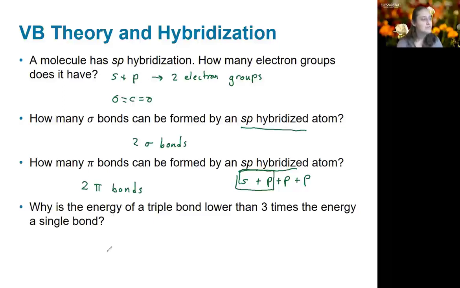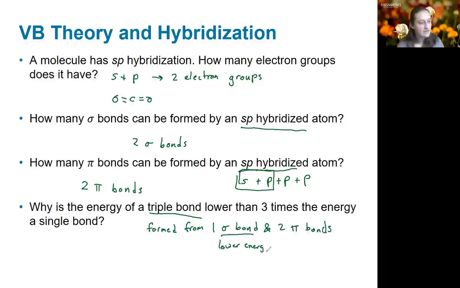And this last question's a little bit different. It asks us to think about the energy of a triple bond and think about why that is lower than 3 times the energy of a single bond. So a triple bond is actually formed from 1 sigma bond and 2 pi bonds. Sigma bonds are going to be lower in energy or more stable than pi bonds because they're formed by orbitals along the bonding axis that overlap, and so they have better overlap.